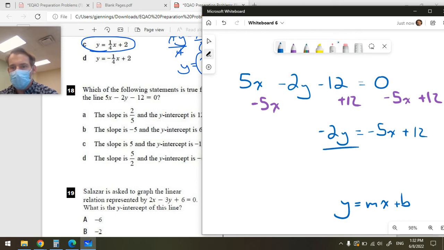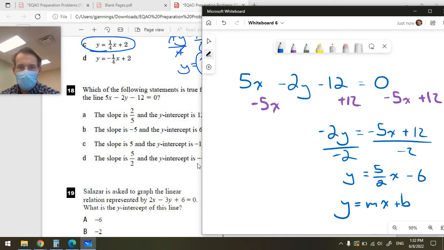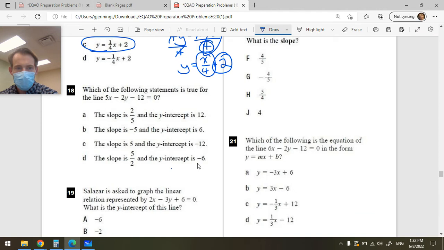And then we're going to divide both sides by negative 2. And then we get y is equal to 5 over 2x. What happened to the negatives? Negative divided by negative is a positive. So that's 5 over 2 times x minus 6. So 5 over 2x minus 6 is this one.